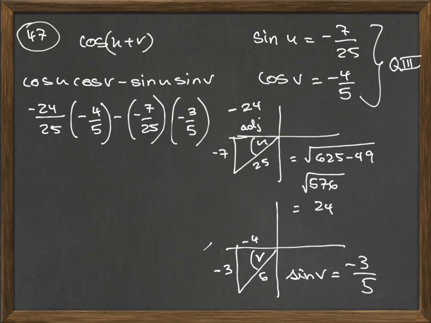24 times 4 is 96 over 125, minus a positive 21 over 125. 96 minus 21 is 75.